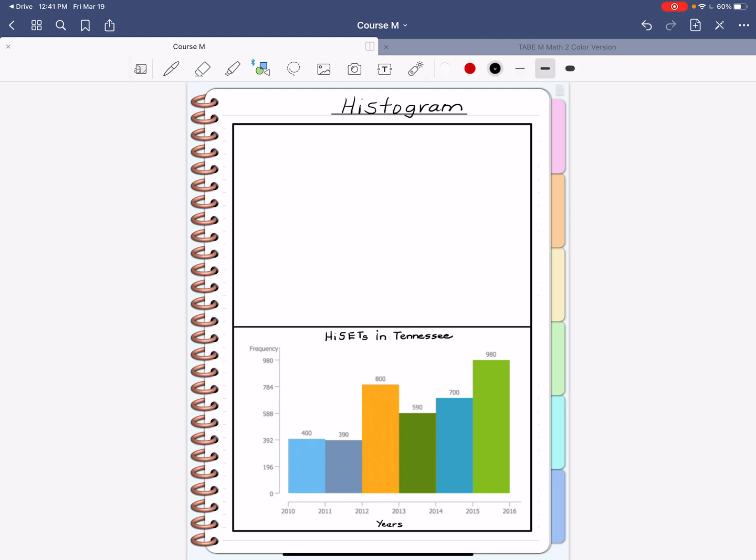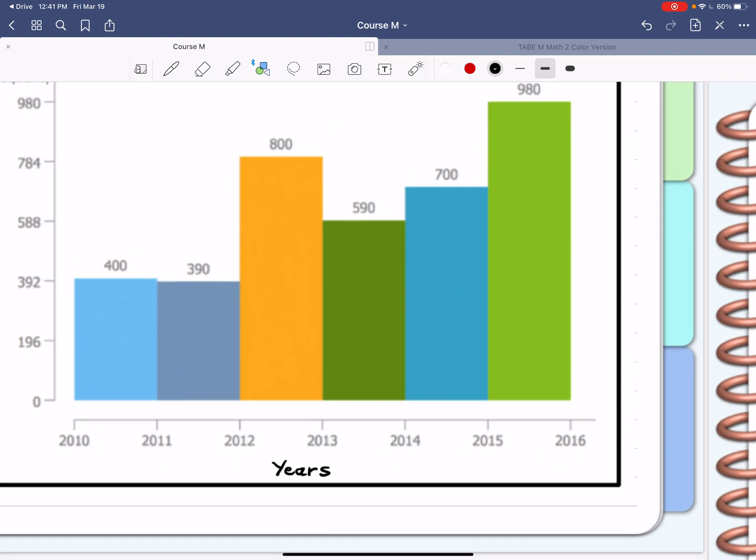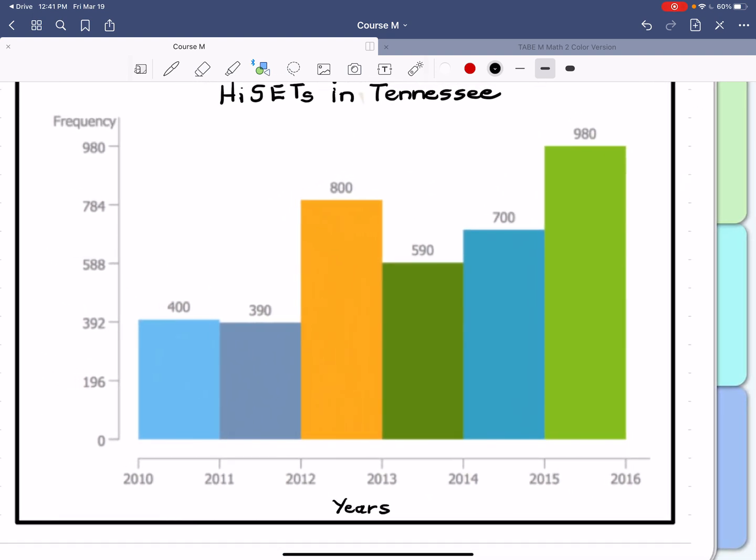So I'm going to draw. I need 1, 2, 3, 4, 5, 6 intervals. Now be careful here. Let me show you what I'm doing. I'm not counting the years because that would be 7. How many bars do you see? 6. Because we're not graphing years as we would in a bar graph.